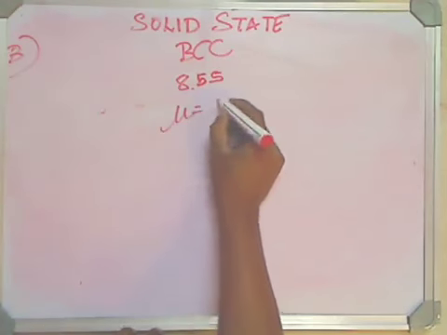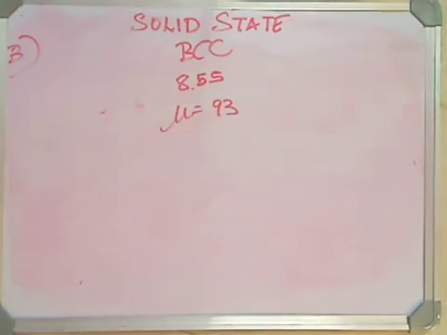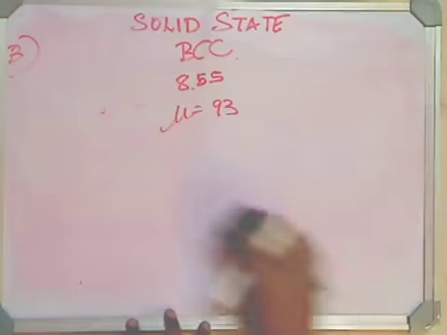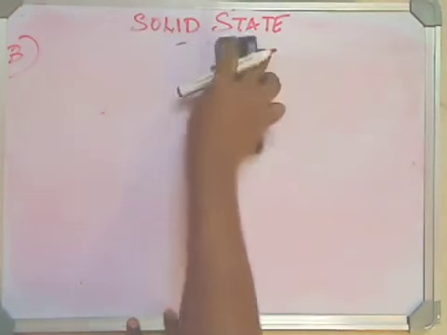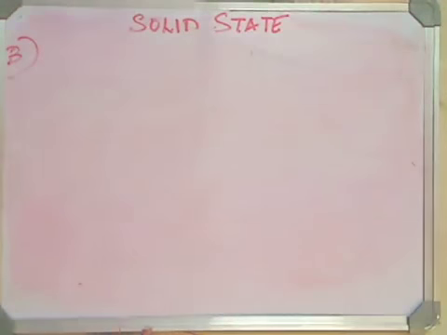So mu here has been given as 93. Now in some textbooks you might come across the atomic mass of niobium as 92.9, but I would suggest you take it as 93 because it makes your calculations easier. Okay. Now the question here requires you to find the atomic radius of niobium. So how do you go about calculating this?